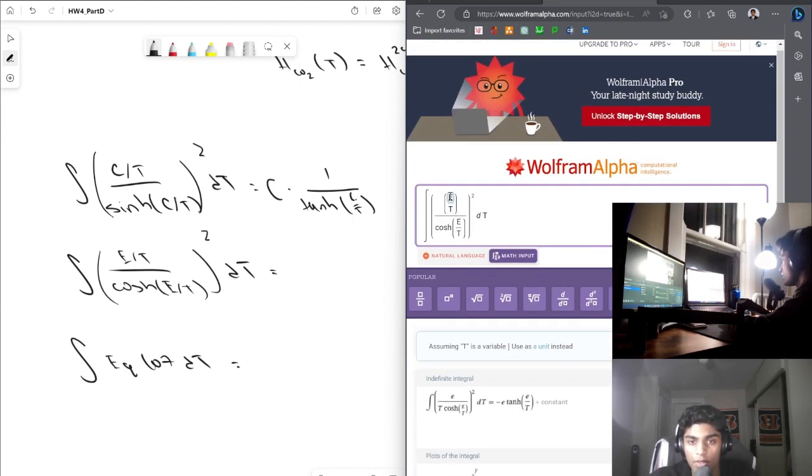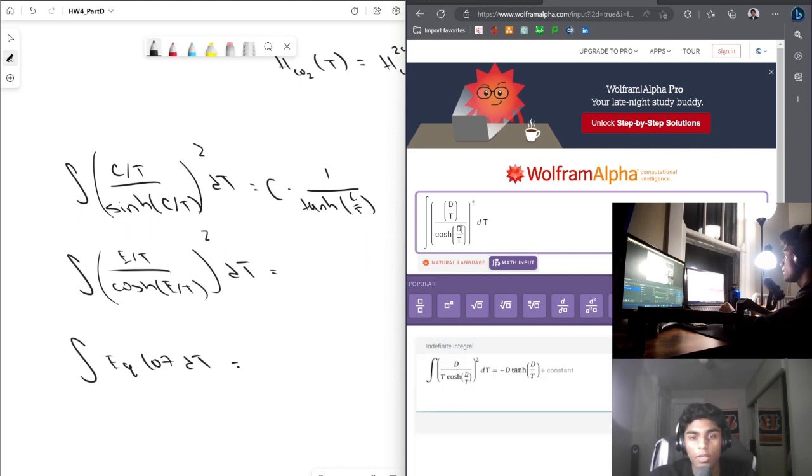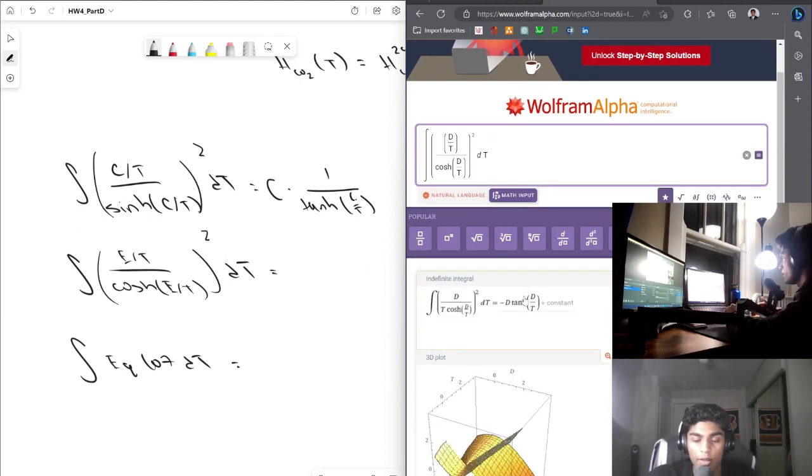I want it to detect E as a. We'll put a dummy variable in there for now and just see if it works that way better. Note that D is just going to be E in this case. Okay, so we get negative D tangent hyperbolic, well, negative E actually, tangent hyperbolic of E over T.